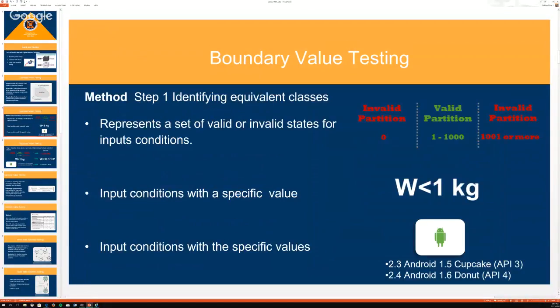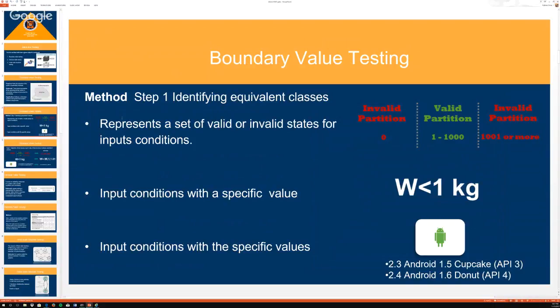So the first step to perform this test is by identifying equivalent classes. And what I mean is we must define which are our boundaries.